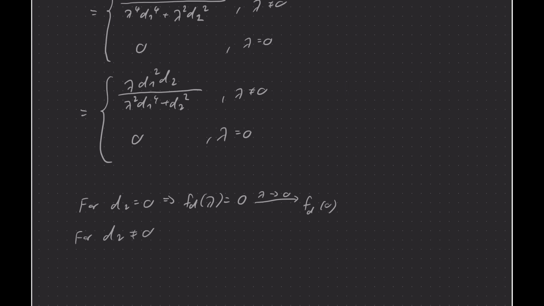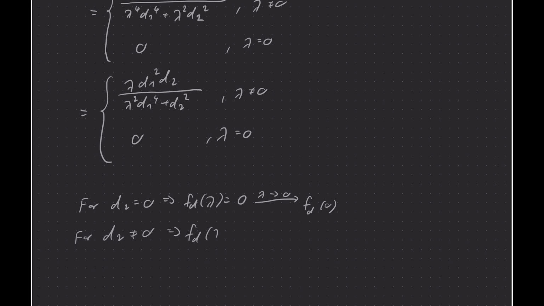For d2 not equal to 0, what do we get then? Again, we want to get lambda to 0. What happens then is that the numerator approaches 0 and the denominator approaches d2 squared.